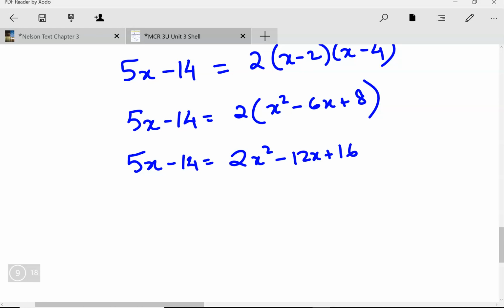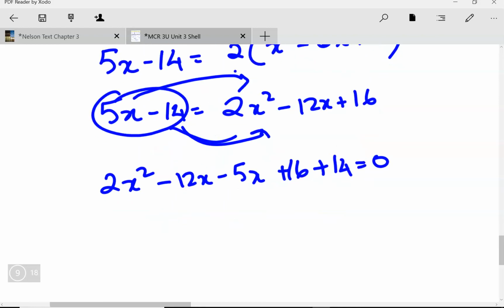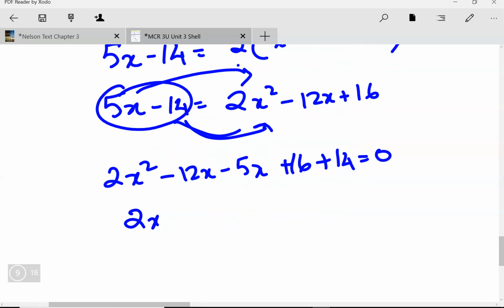And I'm going to move both of these to this side. So I'm going to get 2x squared minus 12x minus 5x plus 16 plus 14 equals 0, because I've moved all of this to one side. So I do get 0 on that side. I am going to now simplify this.